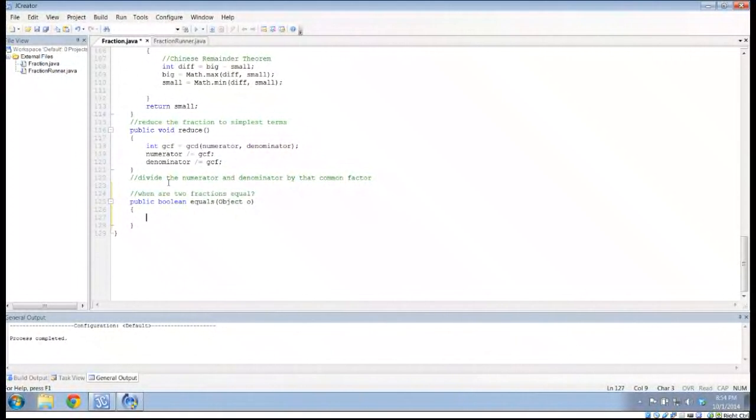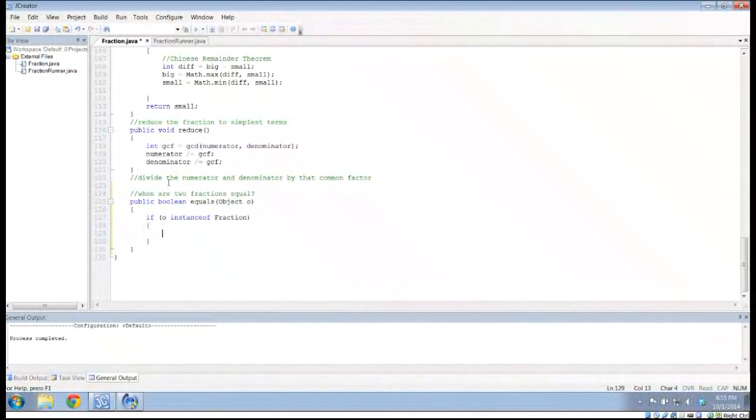So I'm going to use a conditional statement, and I'm going to ask if O is an instance of the fraction class. And so this is the way that I can ask Java if this is a fraction.